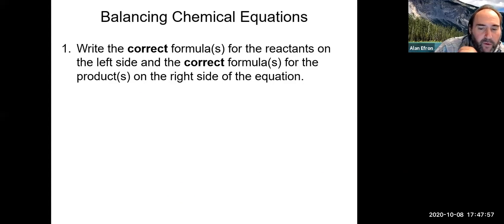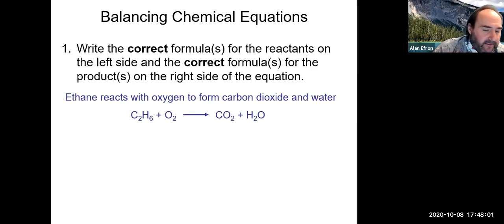And obviously when we have an equation, we always want to make sure that it is balanced. And a couple important things about balancing an equation. First off, obviously, the whole goal is to get the same number of elements on both sides. When we do that, the only thing that we can change are the coefficients that come in front. So we can only change those numbers that come in front of formulas in the equation.